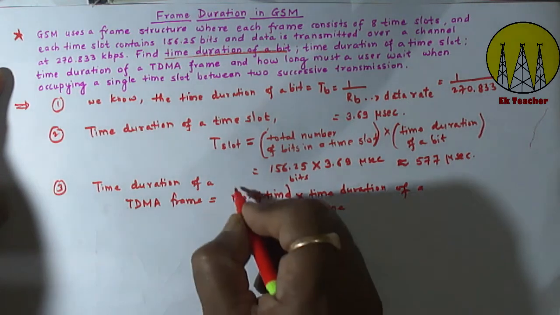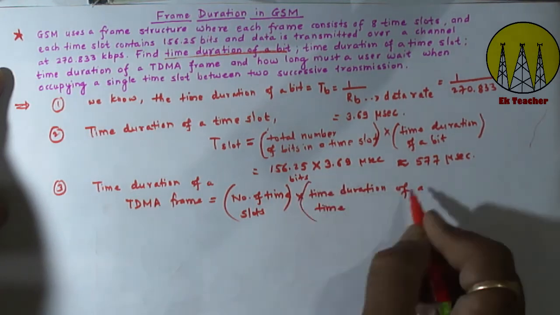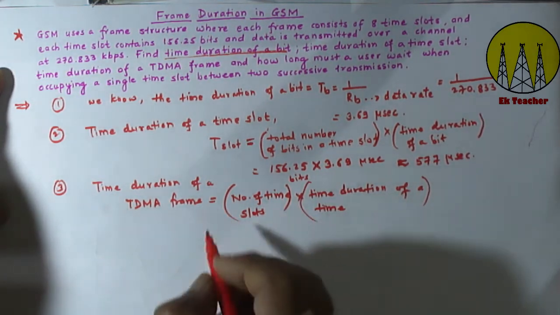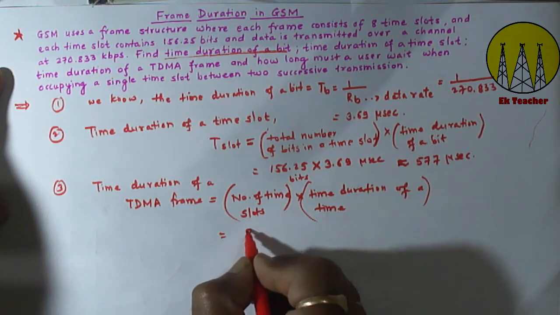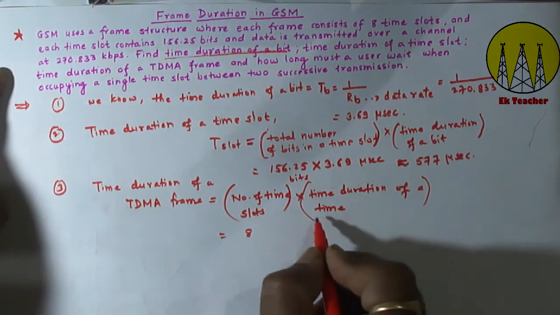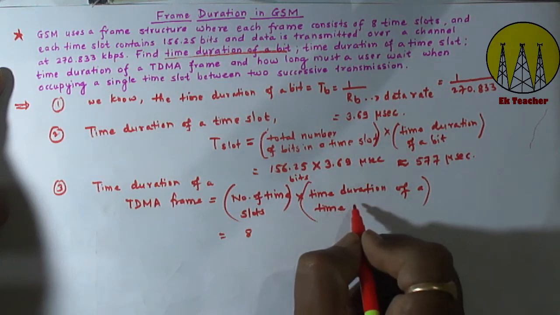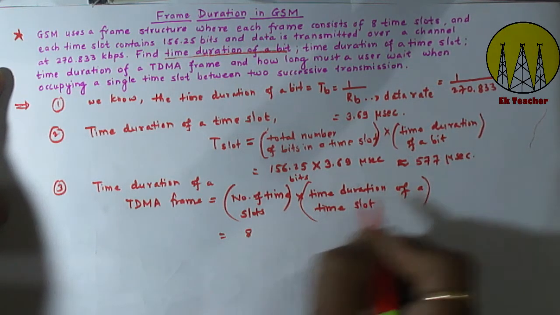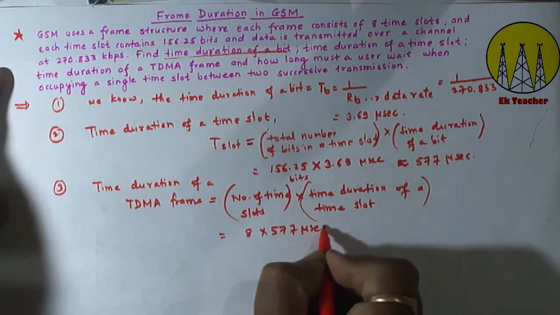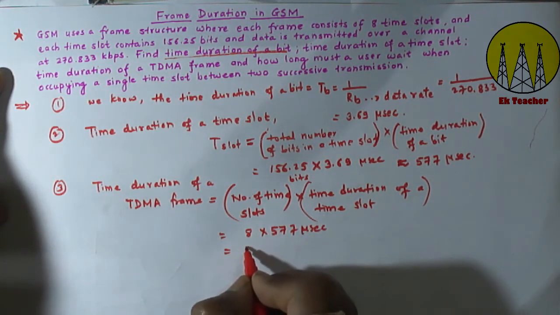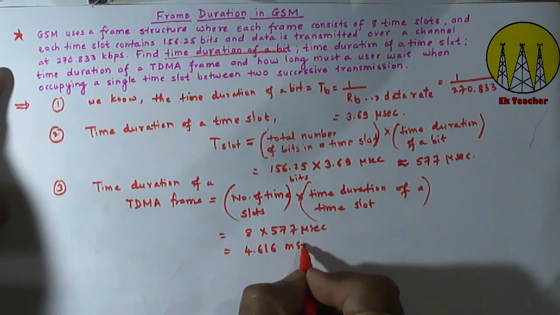If you know the number of slots and the time duration of a slot, then you can get the time duration of a TDMA frame. The number of time slots given here is 8, and the time duration of a time slot is 577 microsecond. If you multiply this, you will get 4.616 millisecond.